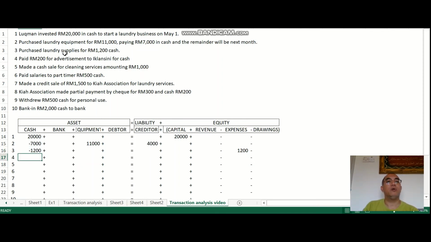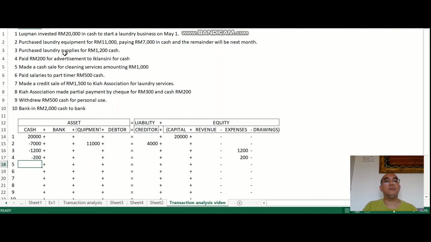What about number 4? Pay 200 for advertisement to Iklan Sini for cash. So advertisement is your expenses. How much? 200. So you have 200 expenses, suddenly increase your expenses for advertisement, and then your cash decrease by 200.